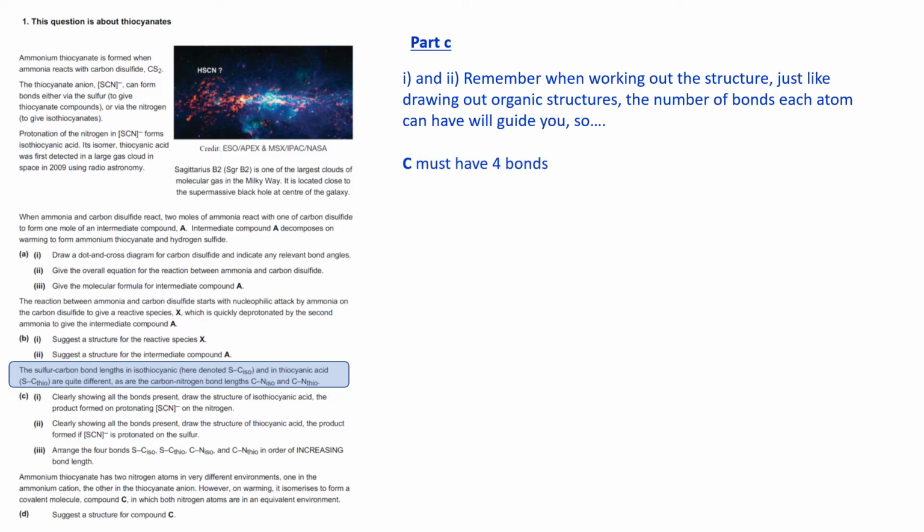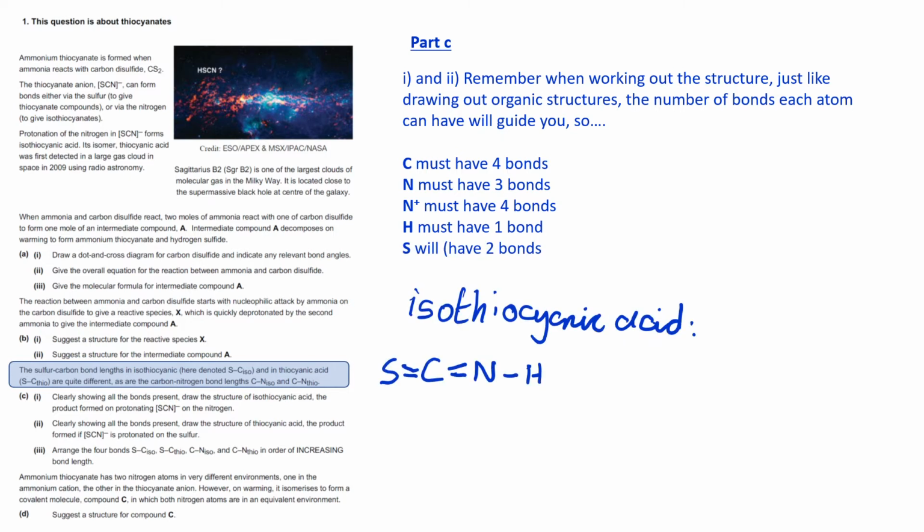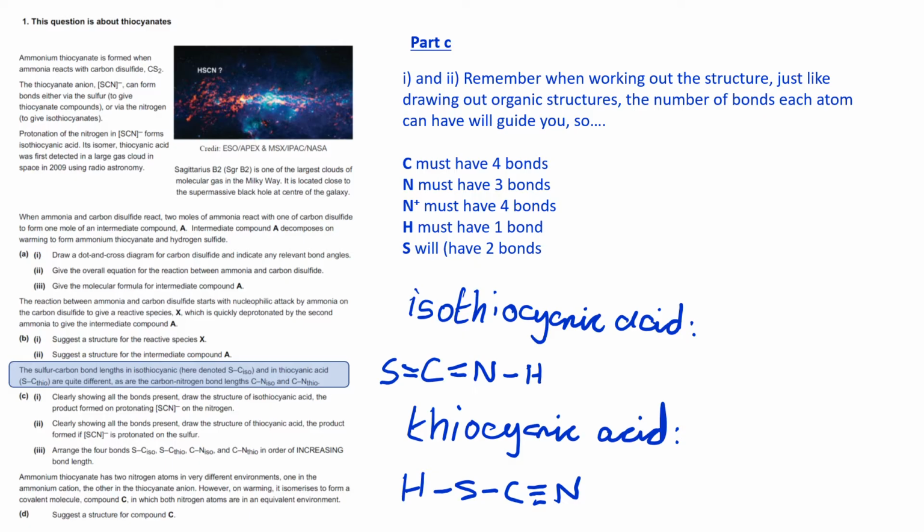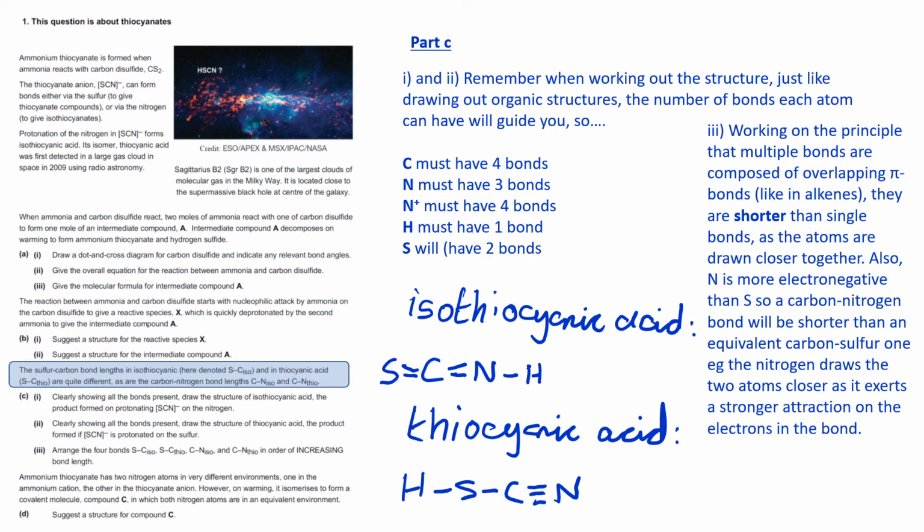Carbon must have 4 bonds, nitrogen must have 3, any N+ must have 4, and any H must have 1. Sulfur will have 2 bonds. So isothiocyanuric acid is this structure here. Thiocyanic acid is this structure here, making sure that sulfur has 2 bonds, nitrogen has 3, hydrogen has 1, and carbon has 4.